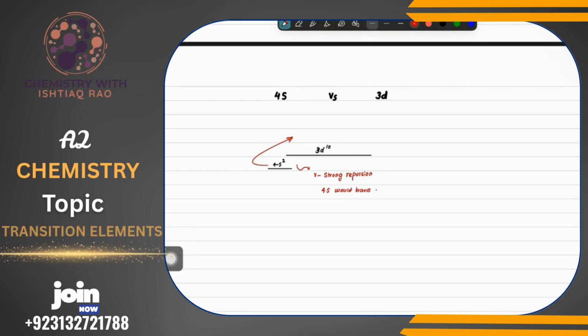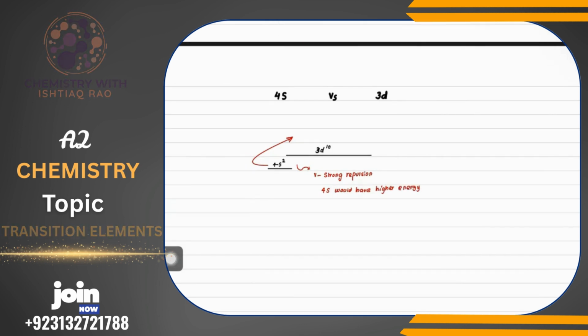Now you are thinking, sir, why is it not going downward due to the repulsion? It's a common question. Why is it going upward as a result of repulsion? The thing is that on the lower side of 4s, we have other orbitals as well: 1s, 2s, 2p, 3s.